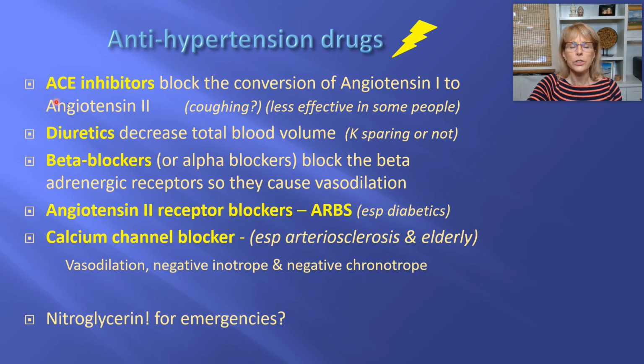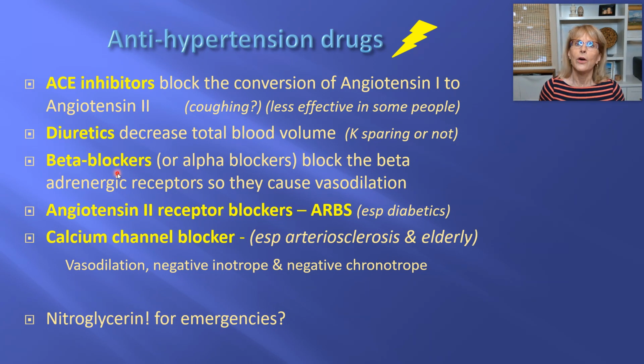There are drugs that decrease blood pressure by inhibiting that enzyme ACE that was part of the RAAS pathway. If there is no ACE around, then angiotensin 1 cannot be turned into angiotensin 2, and so your blood pressure will not go up. Diuretics will decrease your total blood volume by increasing the amount of urine that your kidneys are making. That's a whole different mechanism for controlling your blood pressure.